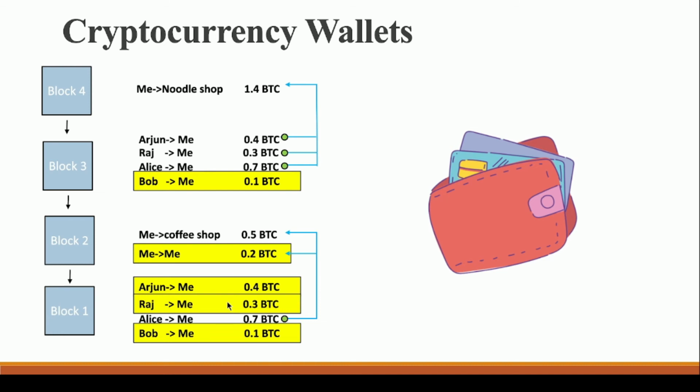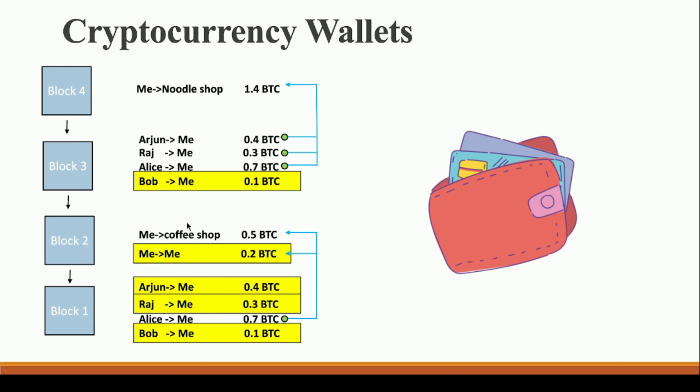What they are actually doing is keeping track of all these yellow UTXOs, meaning those UTXOs which we haven't spent, like this green one, and those UTXOs in which we are the receiver, because once we receive something, it becomes part of our balance. So cryptocurrency wallets are just keeping track of all these UTXOs by talking to the blockchain that you can see here.